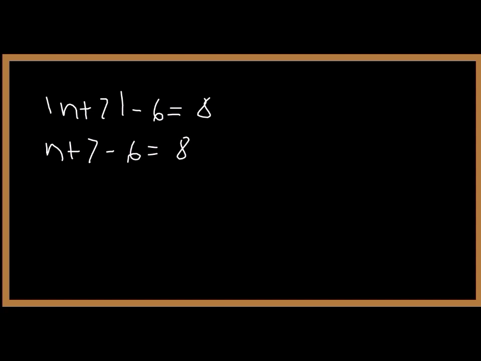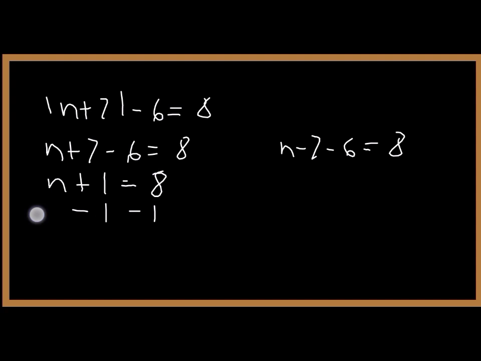And then the other sign is n minus 7 minus 6 is equal to 8. And 7 minus 6 is equal to 1. Then let's subtract. So the remaining is n is equal to 7.